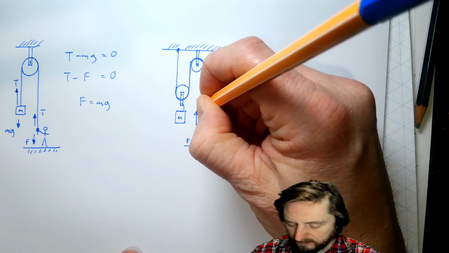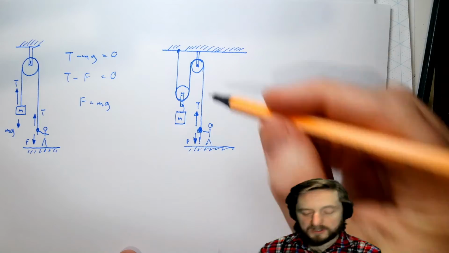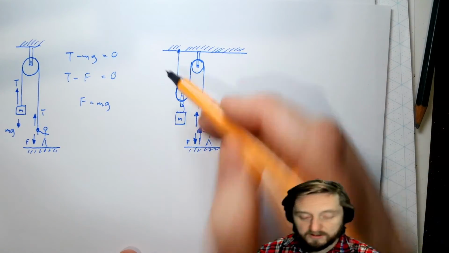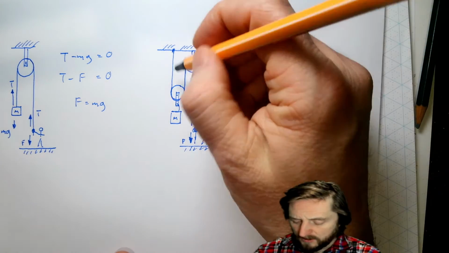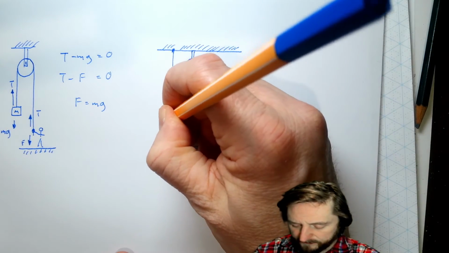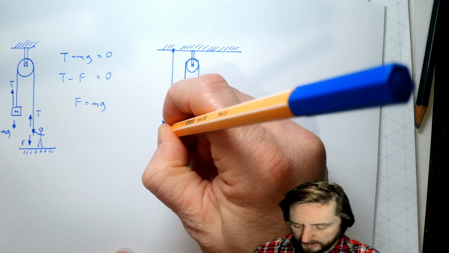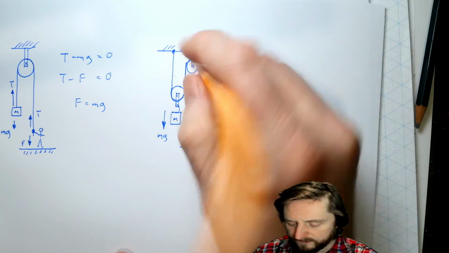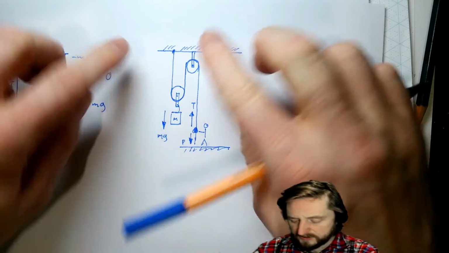And in this direction, that's producing a tension. And this tension is the same all the way around the rope. So what about over here? Here we definitely have mg pulling downwards. But what do we have pulling up? Well, we have two ropes.